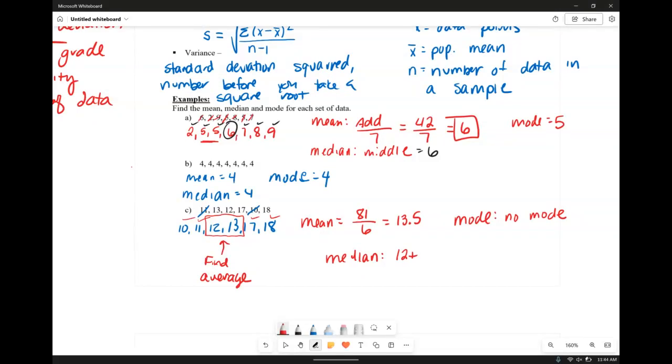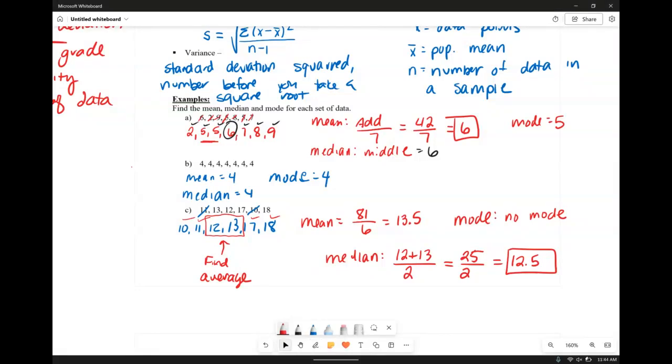So we're going to add up the two numbers in the middle and we divide by 2. If I add those up, that'll be 25, and divided by 2 is 12.5. So sometimes our median is not a number that's exactly in our data. We find it by finding what's exactly in the middle.